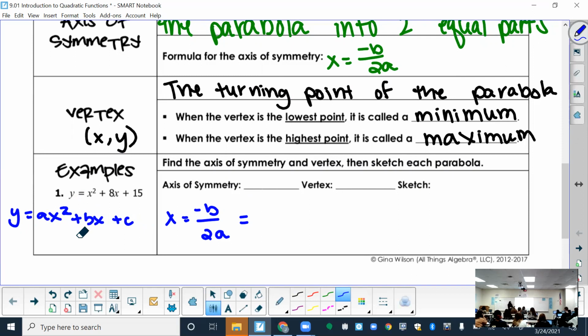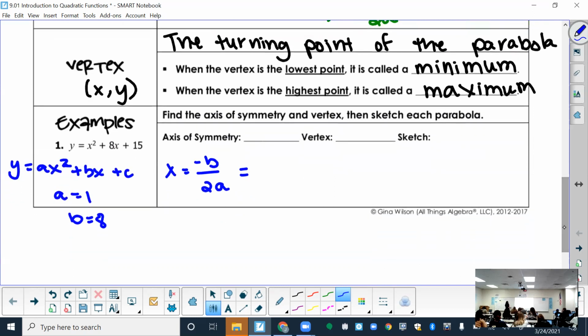It's the number in front of the x squared, so for this one it is 1. What would the b value be? Over here it would be 8. And I know we're not using c for anything, but what would the c value be? 15. We'll use c in the future, but that's just where we're getting on.